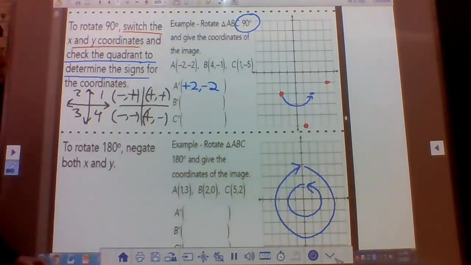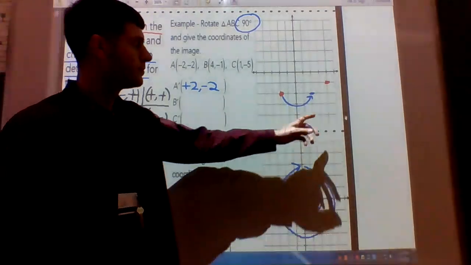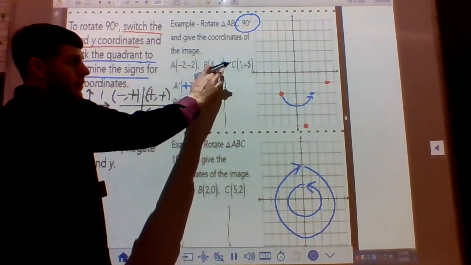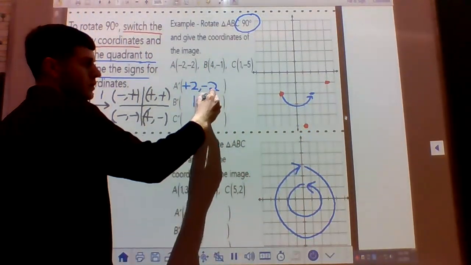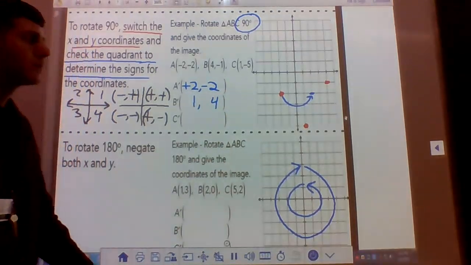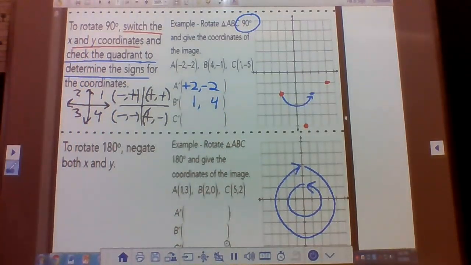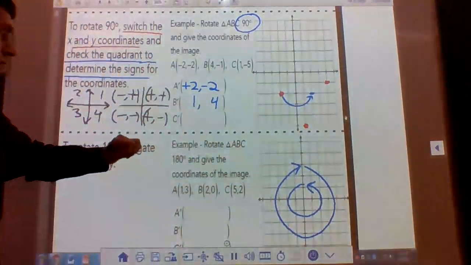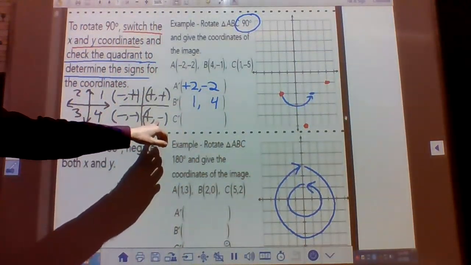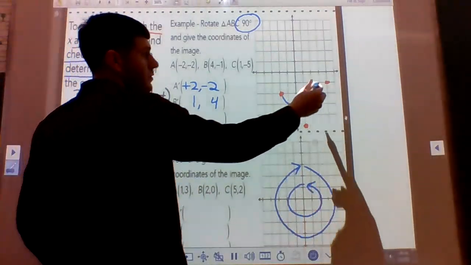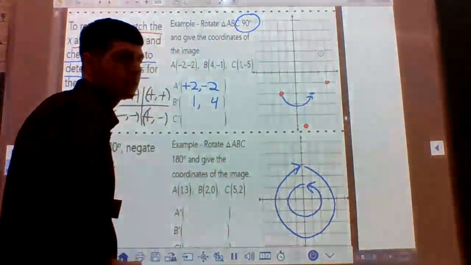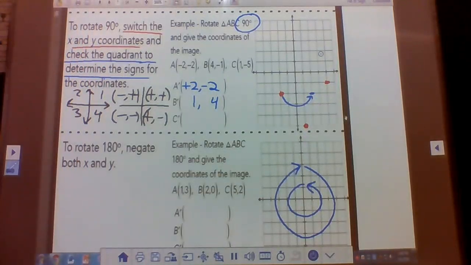Let's take the next point, 4, -1. First step is to switch the x and y coordinates. Again, I don't care that that's a negative. We just switch them. So we have a 1 and a 4. Point 4, -1 is in quadrant 4. If we rotate it 90 degrees, a quarter of the way around, it's going to be in quadrant 1. We're just going 1 quadrant counterclockwise.